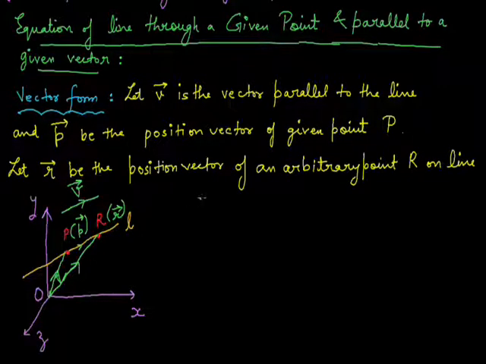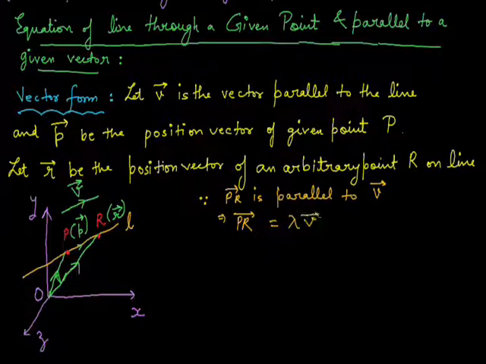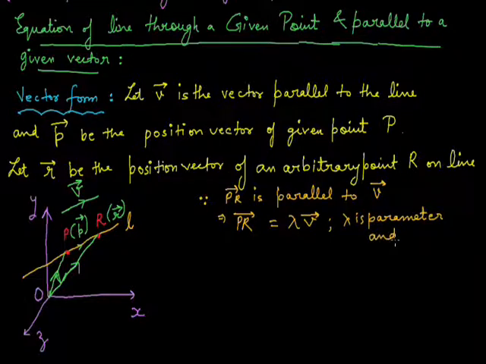Now here, since PR vector is parallel to V vector, therefore we can write vector PR equals lambda times vector V, where lambda is a parameter and lambda belongs to the set of real numbers.